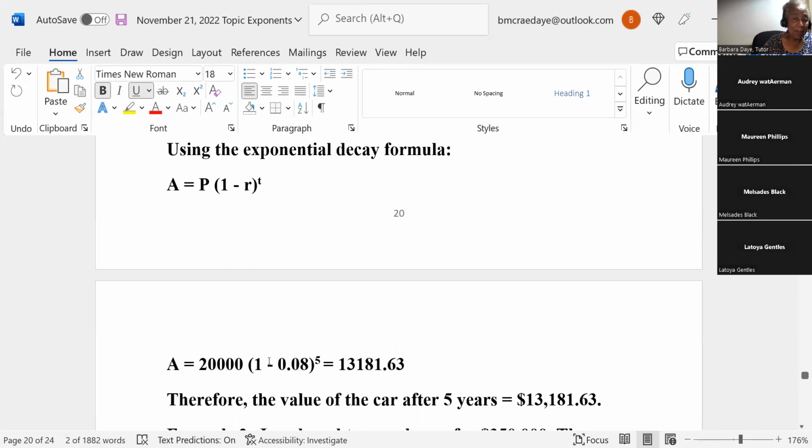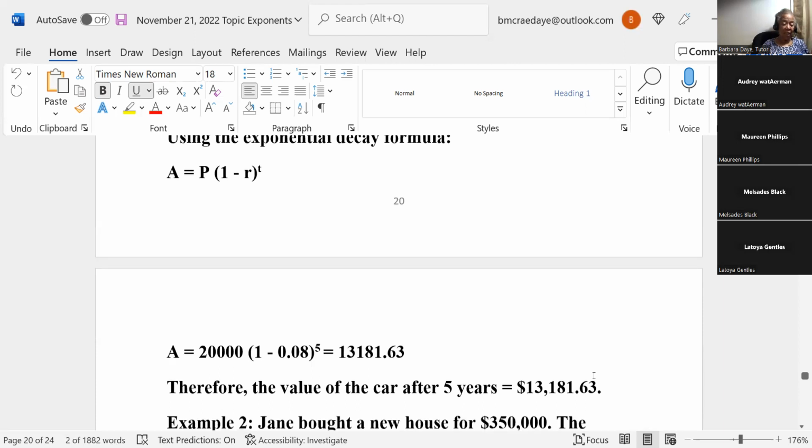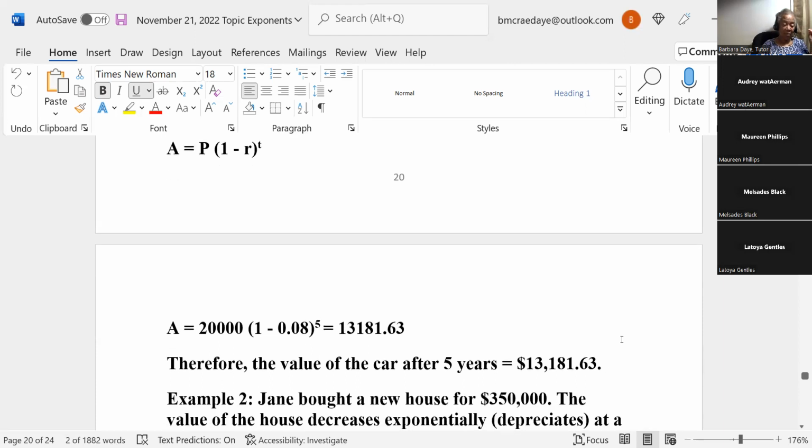That's decay. So you subtract the 0.08 from the 1, raise it to the 5th power. That car that cost you 20,000, in 5 years, now the value is 13,180,163.